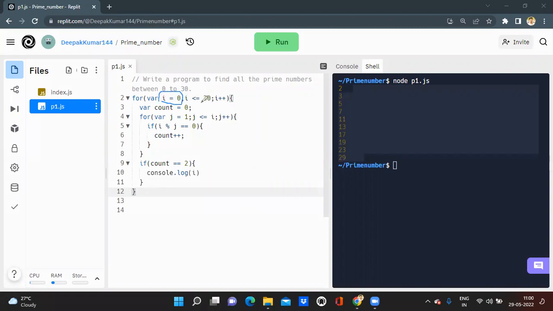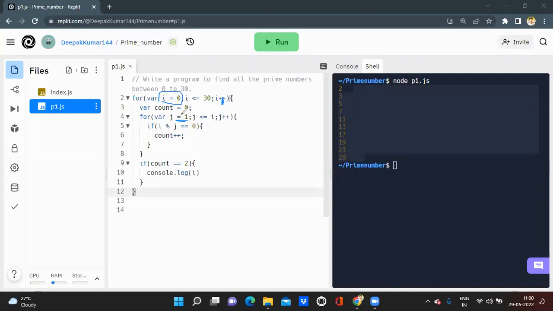Yes, it is. Count equals 0. Now j starts from 1. Is j less than equal to I? Is 1 less than 0? No, it is not. So it goes out and increases the value of I, and I becomes 1.